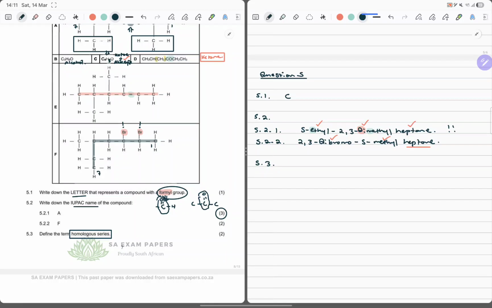So let's just say it is a group of organic compounds that can be described by the same general formula.